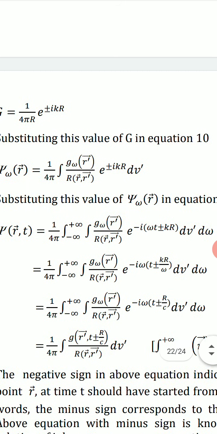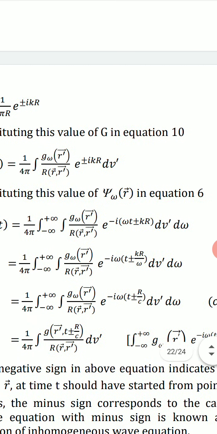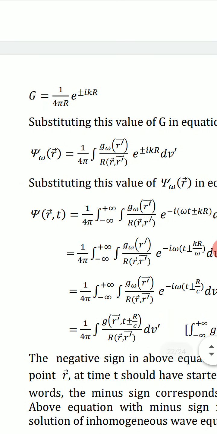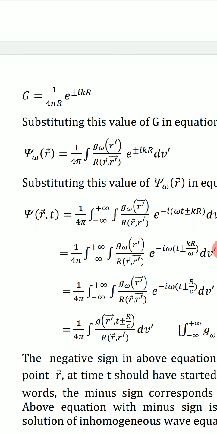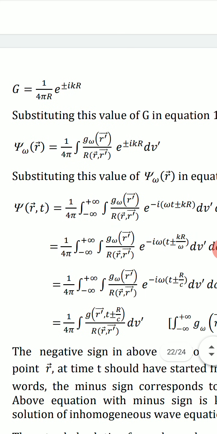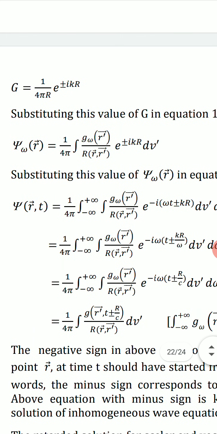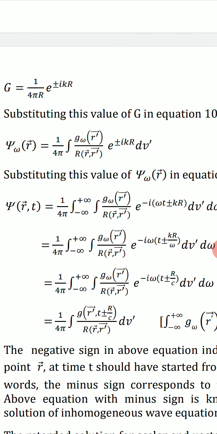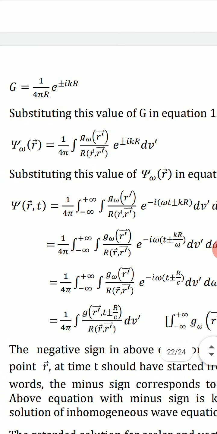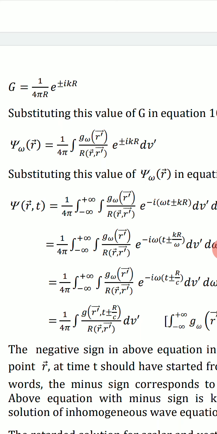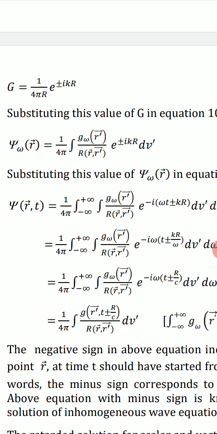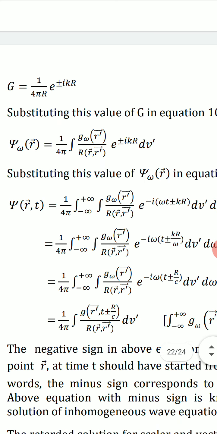Now substituting this value of g in equation 10, we have expression for psi omega r, and it becomes equal to 1 upon 4 pi integral g omega r dash upon r capital R, which is function of r and r dash, and e to the power plus minus I k r dv dash.